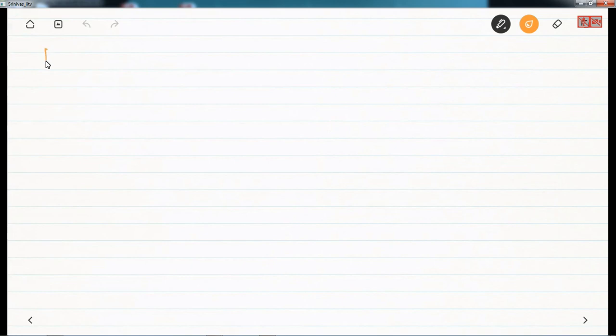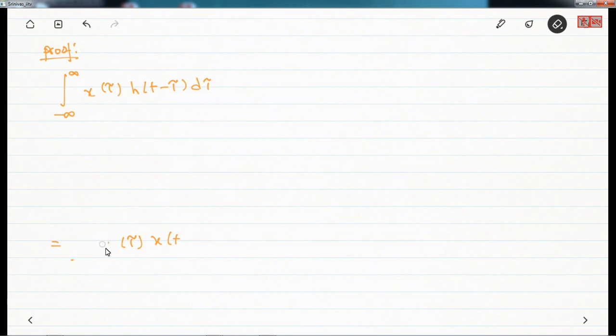So how do we prove that this integral of x of tau h of t minus tau d tau is equivalent to the integral from minus infinity to plus infinity of h of tau x of t minus tau?